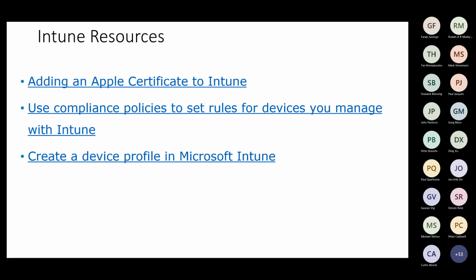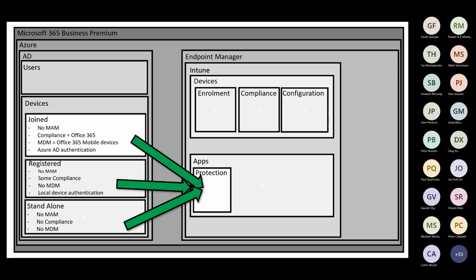Right. Okay, so let me just move my screens around a bit. All right, so once we've done our MDM on the machines that we want to do MDM on, we can now do MAM. Now remember that MAM can be applied to joined, registered, and standalone machines.